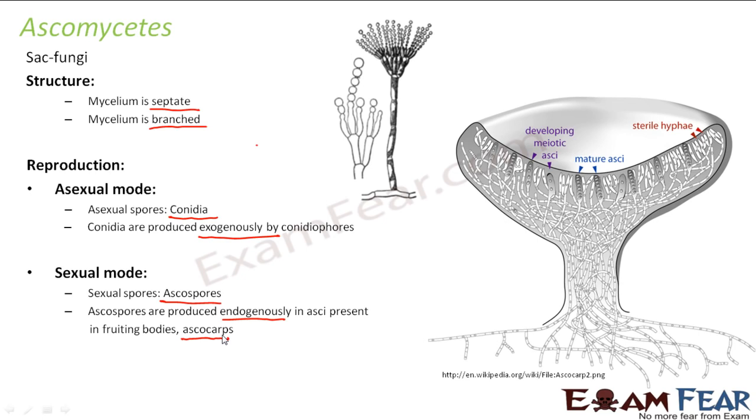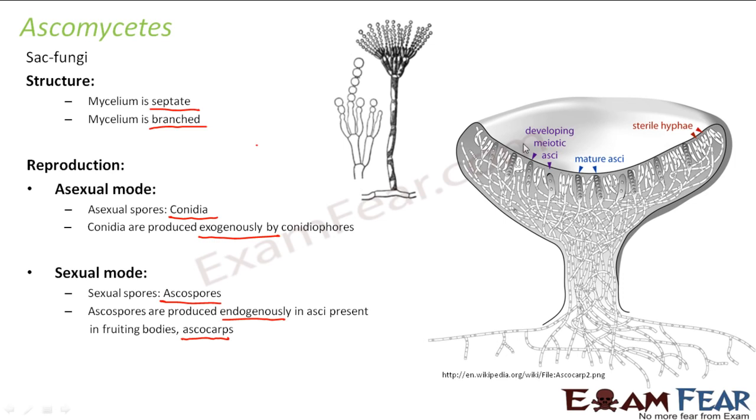The nuclei fuse together. What happens in meiosis? That diploid zygote will undergo repeated cell division to give out the sexual spores. What are those spores here? Those spores here are ascospores. These ascospores are released to the environment and then they germinate, forming new mycelium.